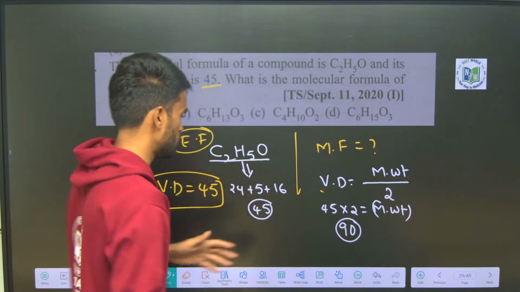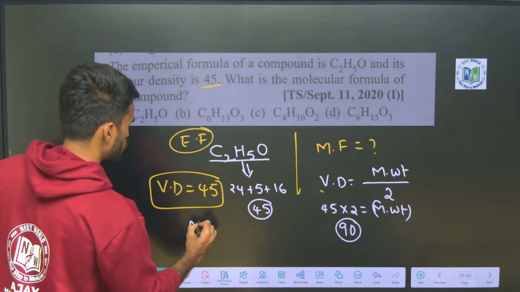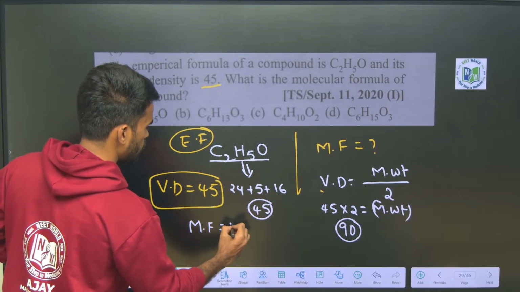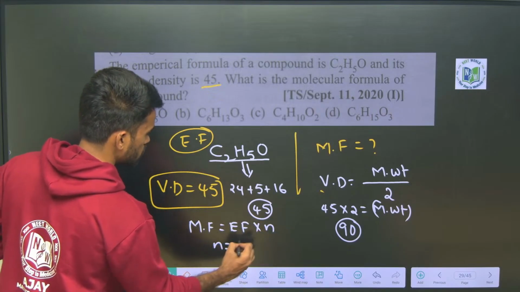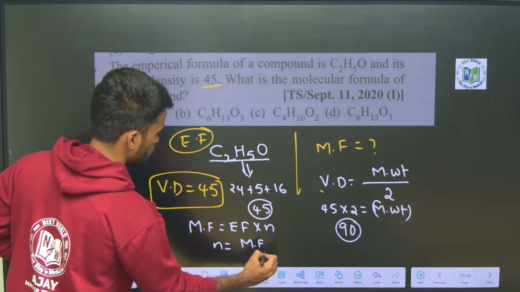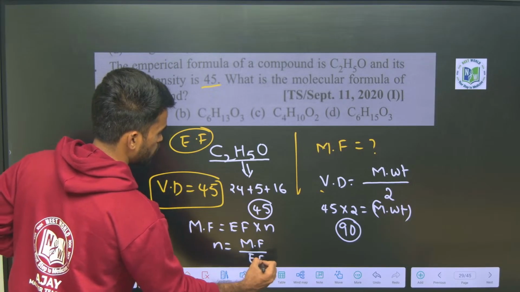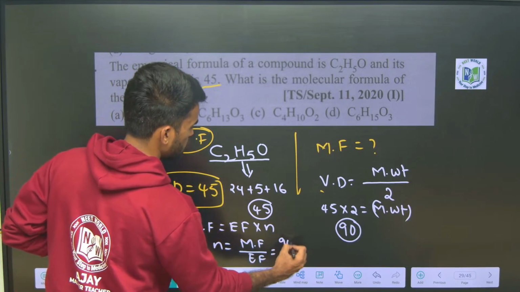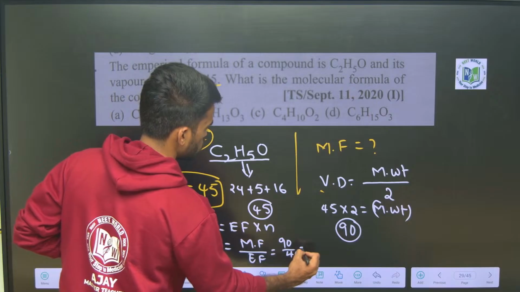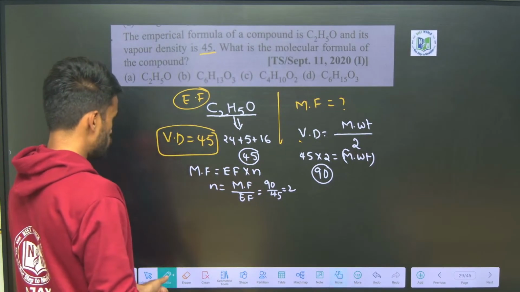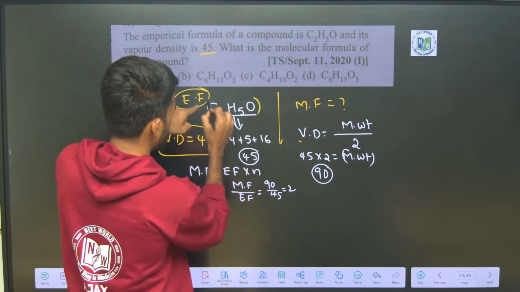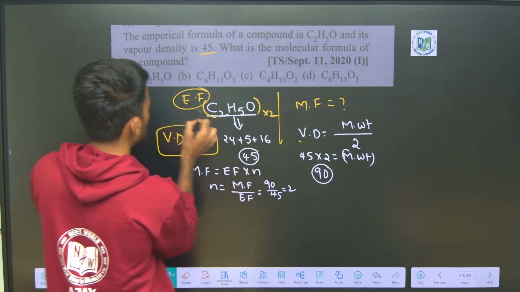From this relation, molecular weight is equal to empirical formula weight into n. So n is molecular weight by empirical formula weight, that is 90 by 45, which is 2. The simplest whole number we got is 2. So multiply the empirical formula with 2 to get the molecular formula.